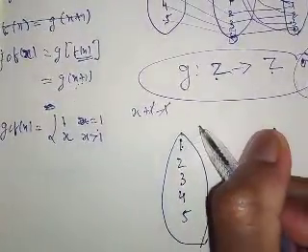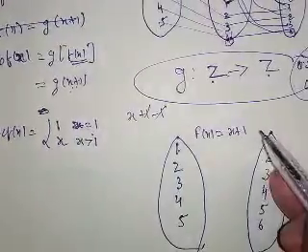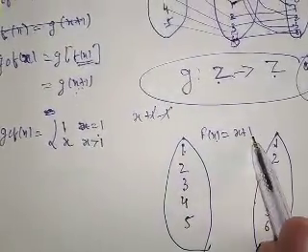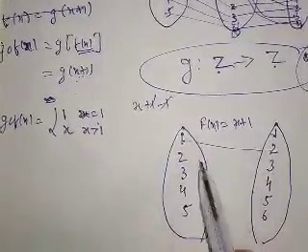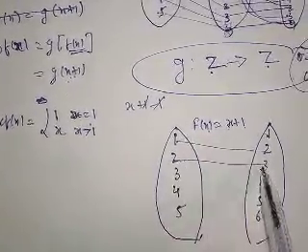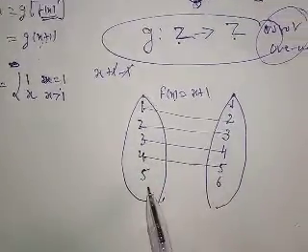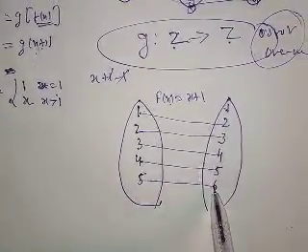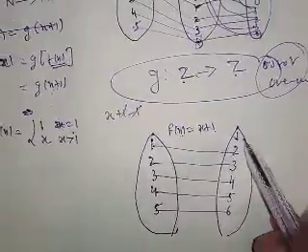So let's take f of x equal to x plus 1. Put 1, what will we get? 2. For 2 we get 3. For 3 we get 4. For 4 we get 5. For 5 we get 6. We are talking about onto function.